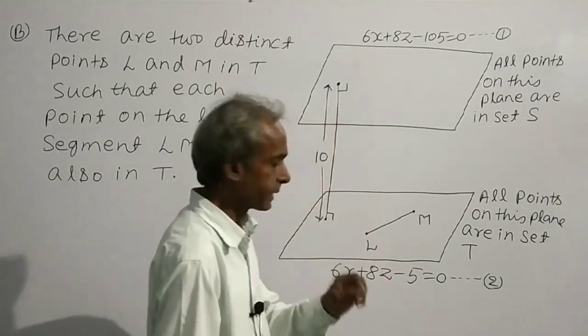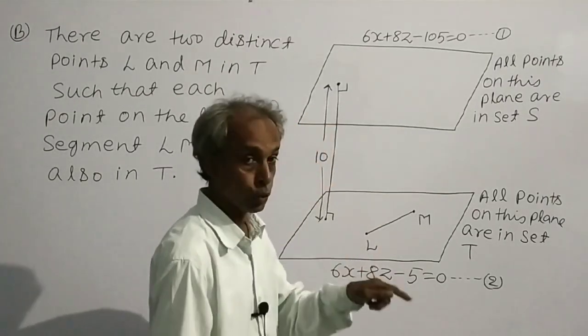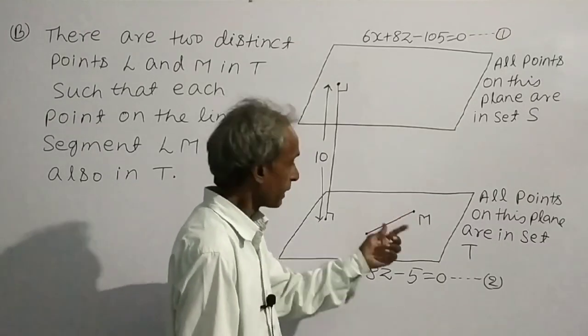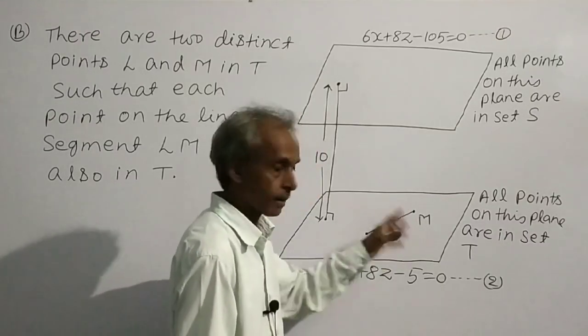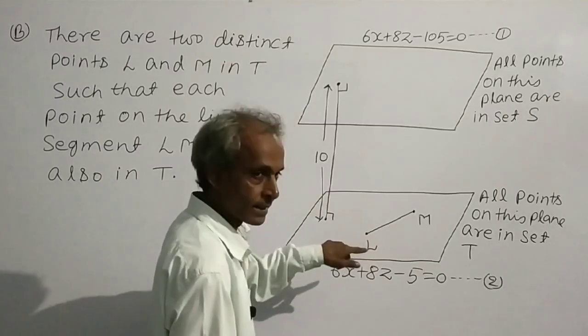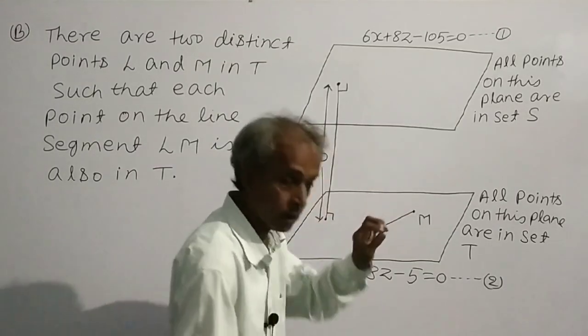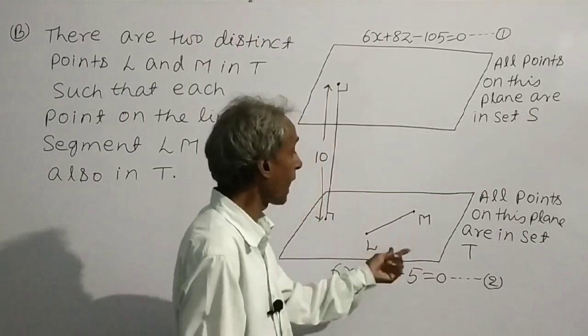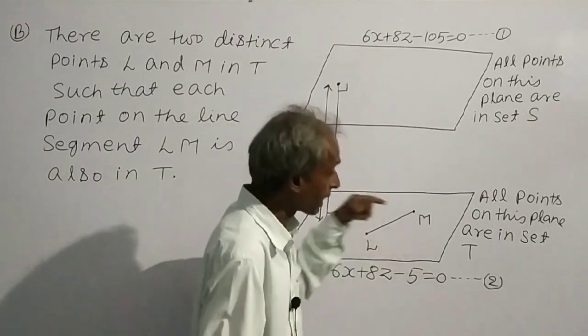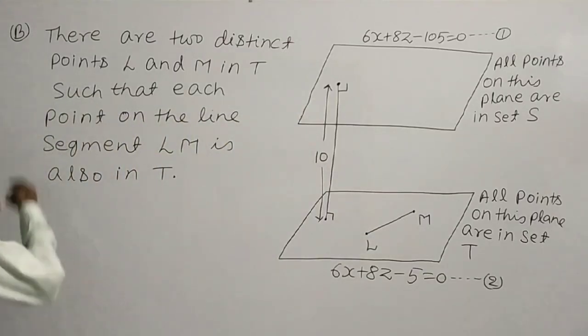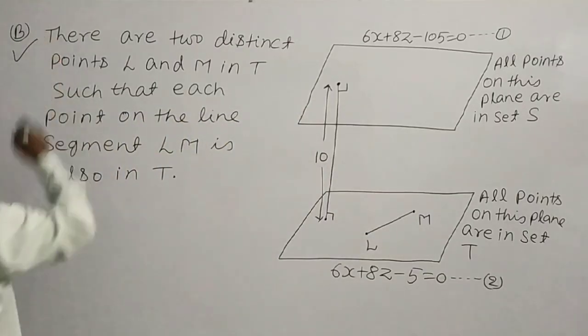If we take any two distinct points L and M in this plane, then all points lying on this line segment LM will also lie in this plane, that means in set T. Therefore, this option is also correct.